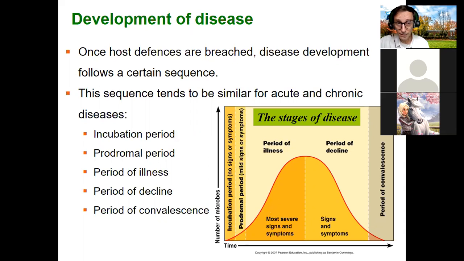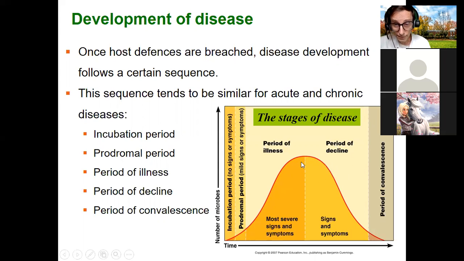Another case where some of the periods are missing is some diseases never have a period of decline or a period of convalescence. That happens when the patient gets sicker and sicker and then dies. There is no period of decline and period of convalescence.